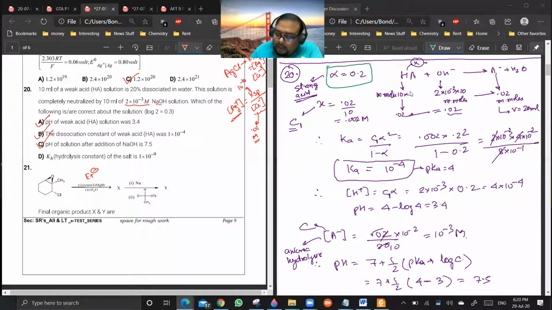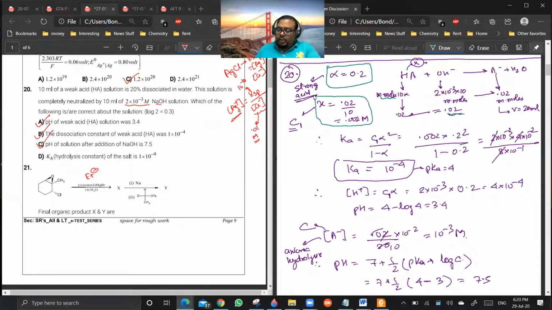Now let us say the HA molarity is x and volume is given to be 10 ml. So the millimoles of HA will be 10x. So 10x is equal to this value, so x will be 0.002 molar. Are you getting this? If you are getting this, then the whole thing is done.